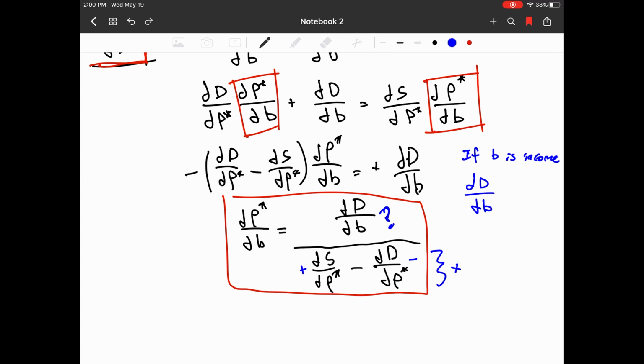So the relationship depends on whether the good is a normal or inferior good.